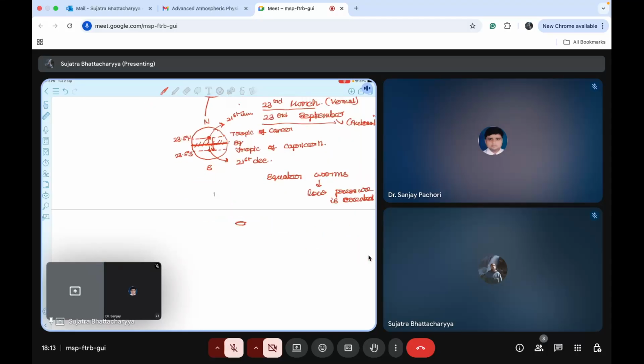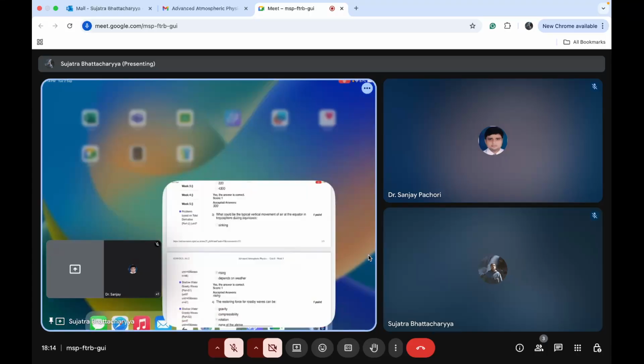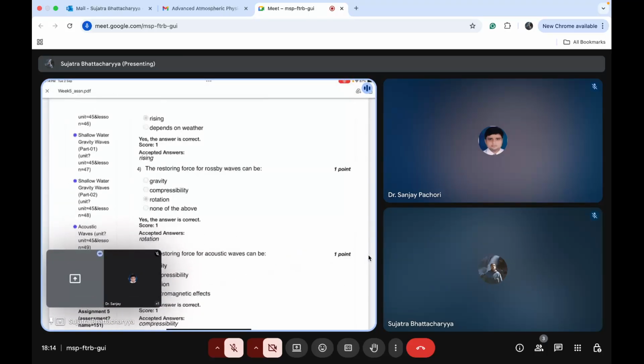So this is the column near the equator. Winds generally converge, and where will it go if it converges? It cannot go down, right? This is the surface, so it has to go up. So you will always have rising motion wherever you have the position of the sun. Okay, so this is the simple question. So it is a rising motion.